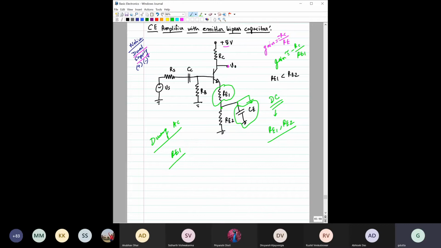So you can use this type of two different emitter resistors to get a trade-off between the DC stability and the small signal gain. Is this part clear to all of you?